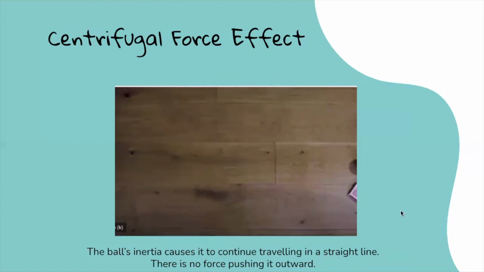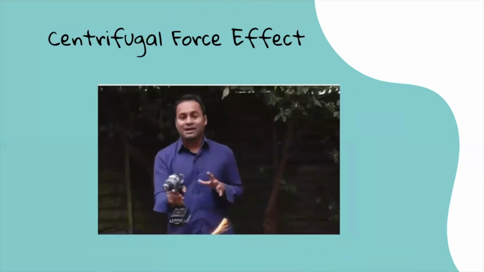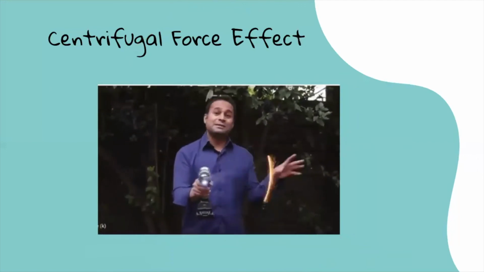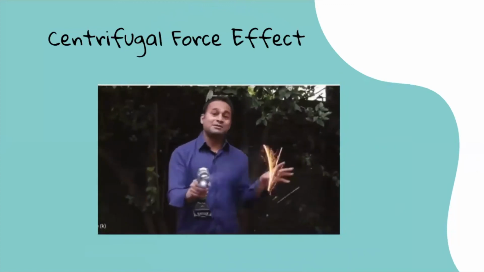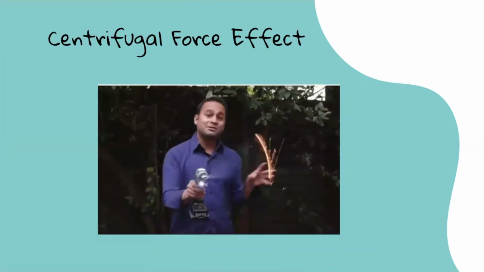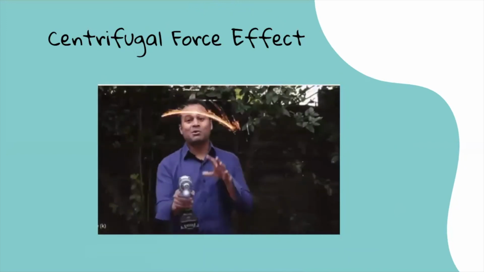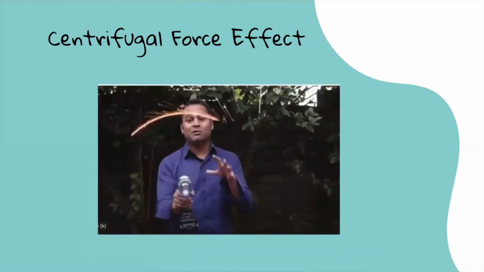Okay, a particularly cool demonstration of this. Let's see if I can find it. There. So this guy has a drill with a bunch of sparklers attached to it. I don't know why he's not wearing eye protection at this point. I feel like that's inherently unsafe.